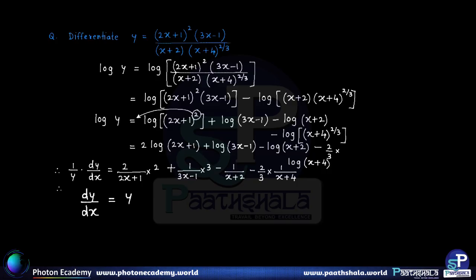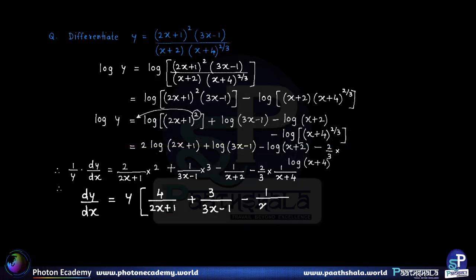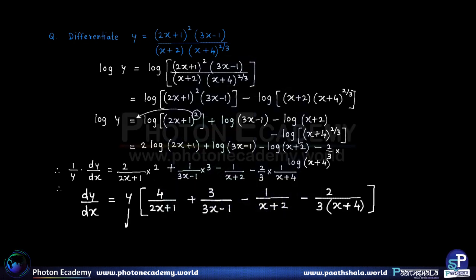So I can write it as y into the entire expression, that is, now here we can write it as 2 into 2, that is 4 upon 2x plus 1, plus 3 upon 3x minus 1, minus 1 upon x plus 2, minus 2 upon 3 into x plus 4, and at the end we replace y with the given function, which gives us the final answer, right?